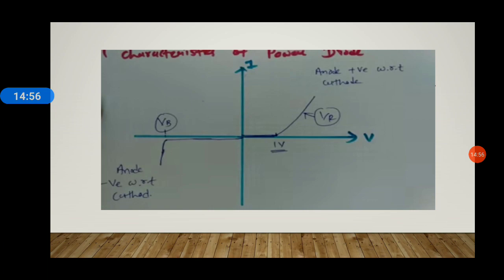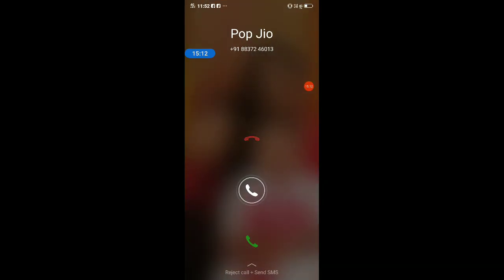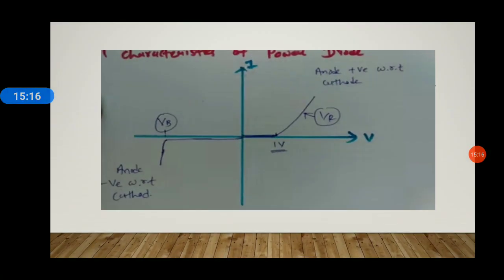Now the IV characteristics of the power diode is shown here. The forward current increases linearly with an increase in the forward voltage. A very small amount of leakage current flows in the reverse bias, that is the blocking mode. The leakage current is independent of the applied reverse voltage.